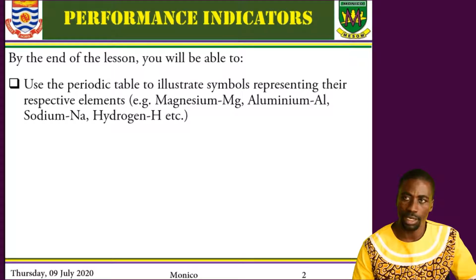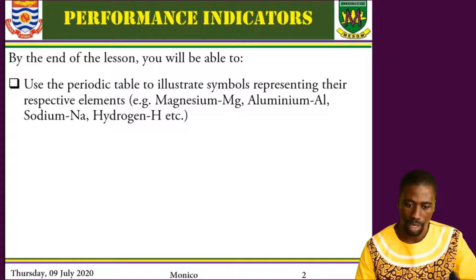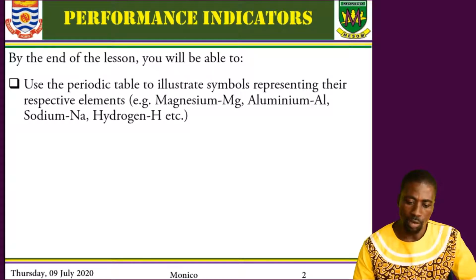For instance, if you see Mg, you should know that it represents magnesium. If you see Al, it represents aluminum. Sodium is Na. If you see H, it represents hydrogen. There are a lot of them. If you see K, you must know that it represents potassium.